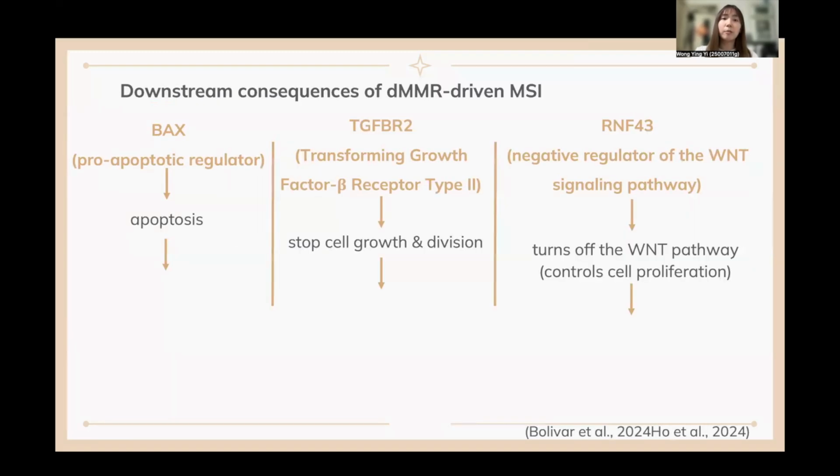The downstream consequences of dMMR-driven MSI are essential in colorectal carcinogenesis. Unrepaired replication errors preferentially target coding microsatellites in tumor suppressor and regulatory genes.